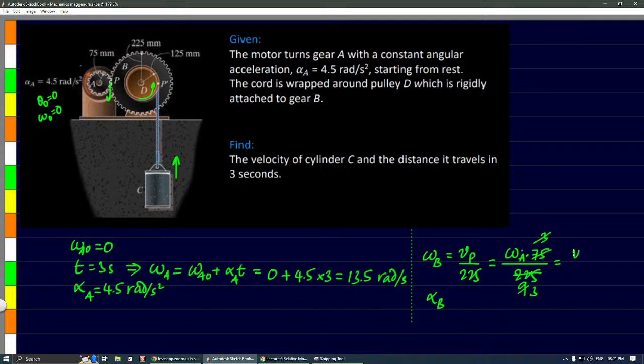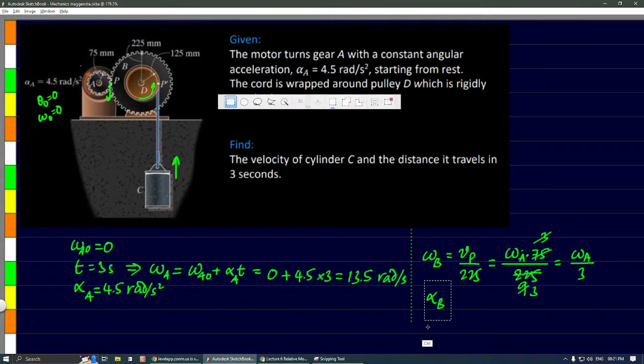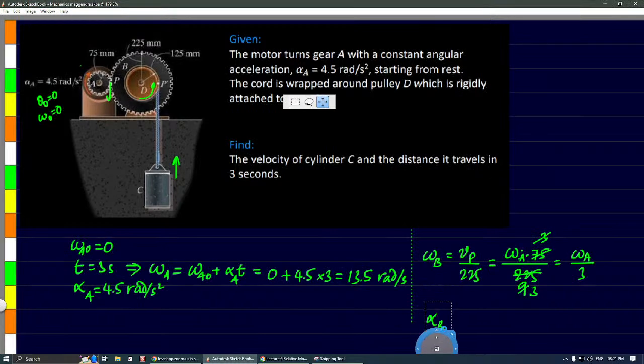That means this is omega of A by 3. Same way we need to find alpha. Similar to omega B, you can directly write alpha B equals alpha A by 3.